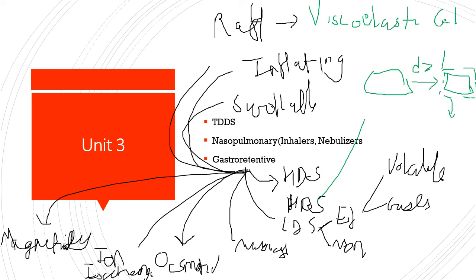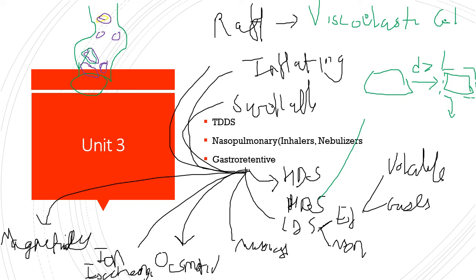Low density, basically, suppose this is your stomach over here, this will be your low density system. It will be floating like this. This will be your high density system. It will sink at the bottom. And the swellable system or the expandable system over here, you can see that I've drawn in green, I've drawn in blue.